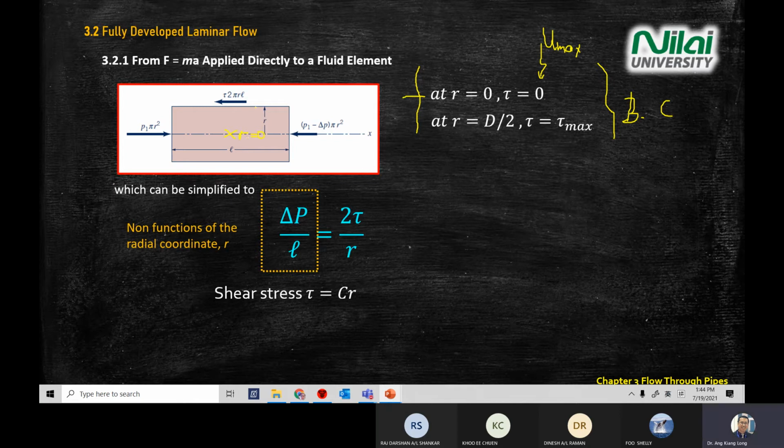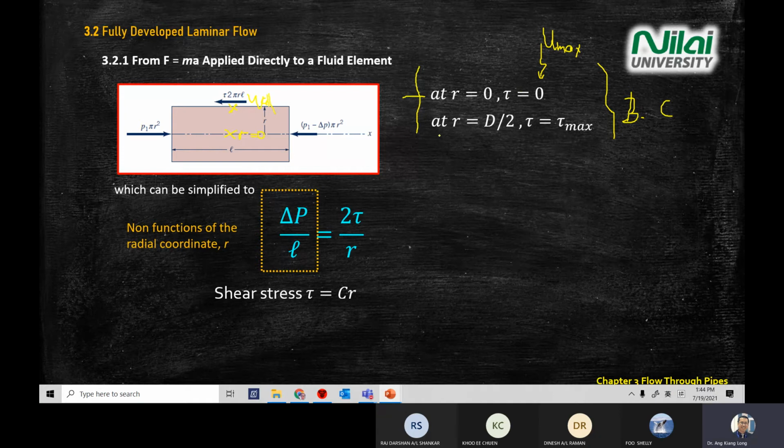What happens near the wall? At the pipe wall, there is friction. So at the wall, R equals D divided by 2, the diameter divided by 2. You will get the maximum shear value, maximum friction at the wall. Any one of you not clear about the boundary conditions mentioned on the screen?